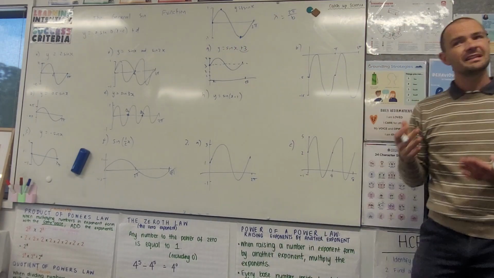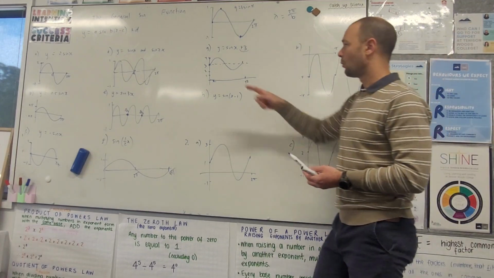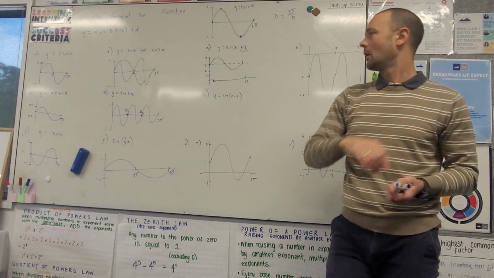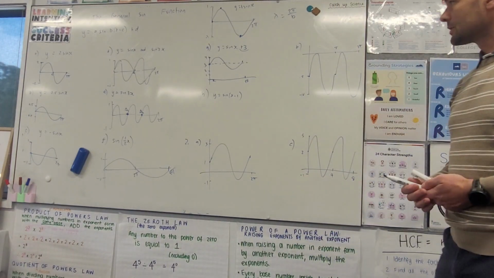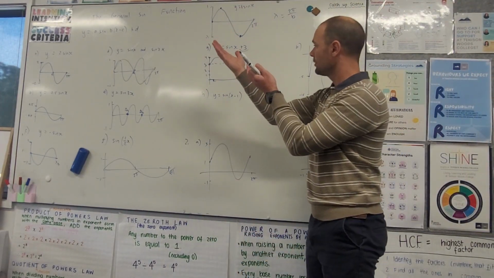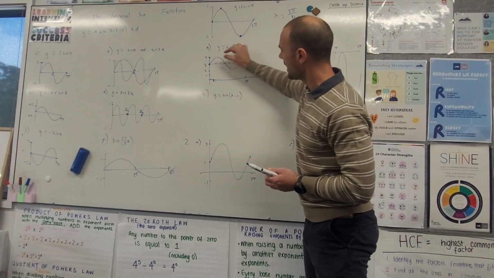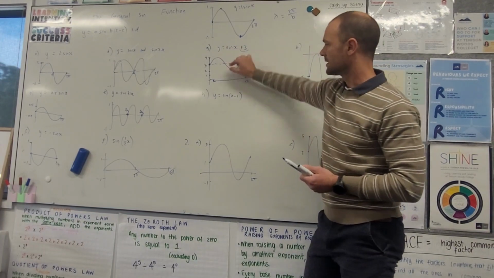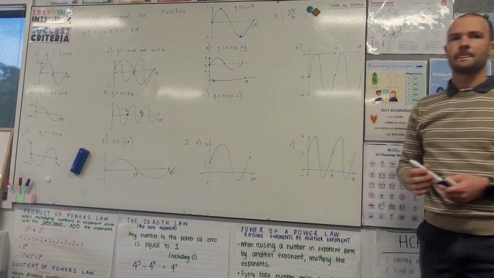It's an invisible line about which the function propagates itself. It's normal about that line. All we've done is take the base sine function and shift it up 3 units. We can see we still have an amplitude of 1, right? Distance from the principal axis to a peak, distance from the principal axis to a trough.